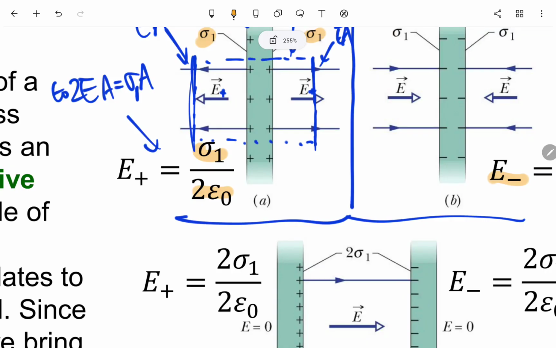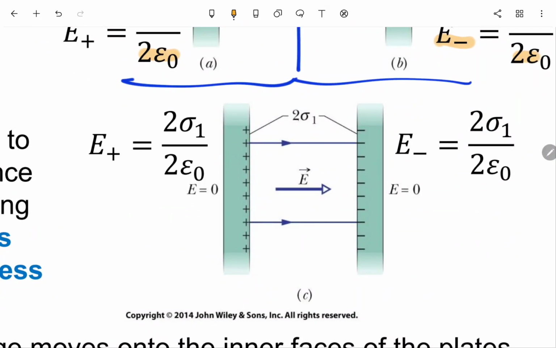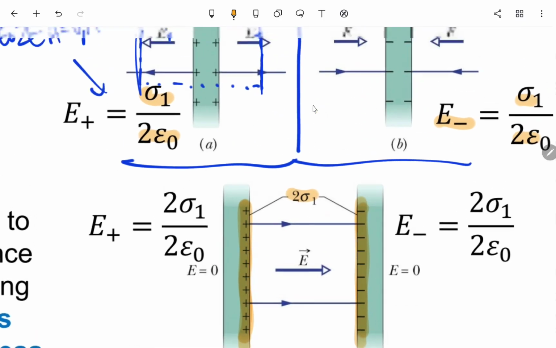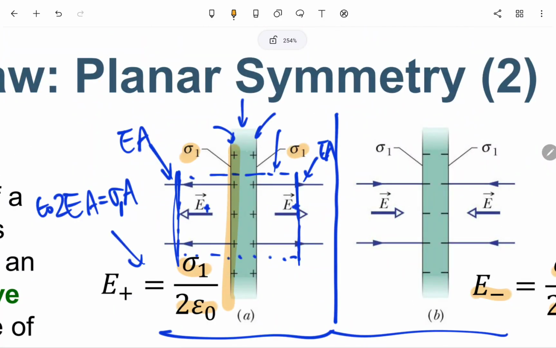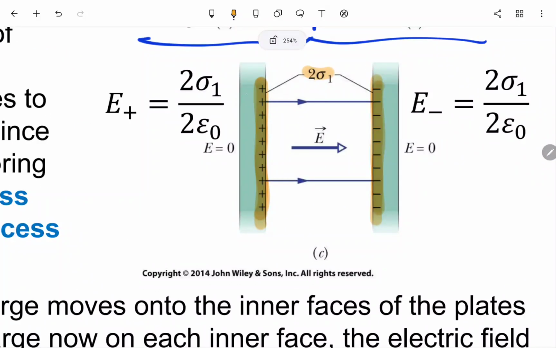Here we place these two planes with the same amount of charge but opposite sign, close together so that all the charge concentrates on the closer surfaces. The positive charge will be on the right surface and the negative charge near the left surface, which means we both have 2 sigma 1 on both surfaces. Originally it was sigma 1, so finally we have 2 sigma 1 for the surface charge density.